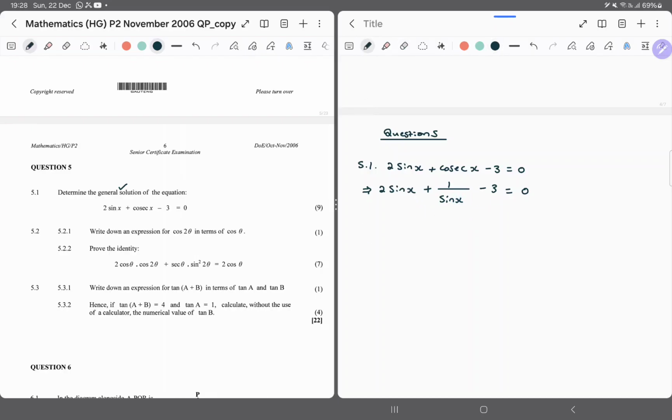We can multiply by the common denominator. What will we have? We get 2 sine squared x minus 1, plus 1 minus 3 sine x equal to 0. So what do we notice, guys?